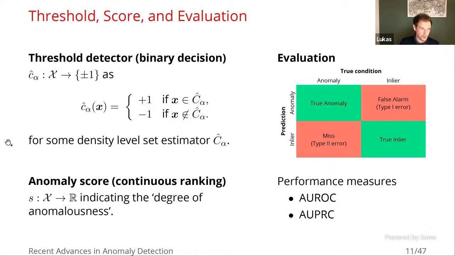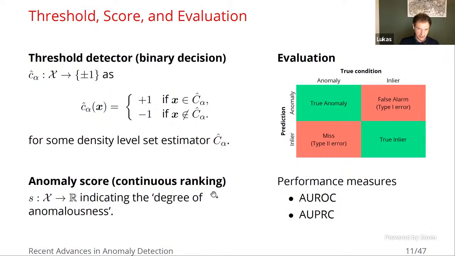Or what most methods do is that they derive some anomaly score, which is generally more informative, and of course from which always a threshold or a binary decision can be derived from some quantile, for instance.